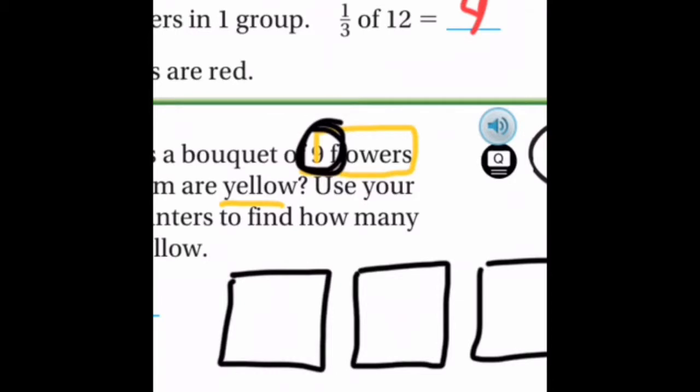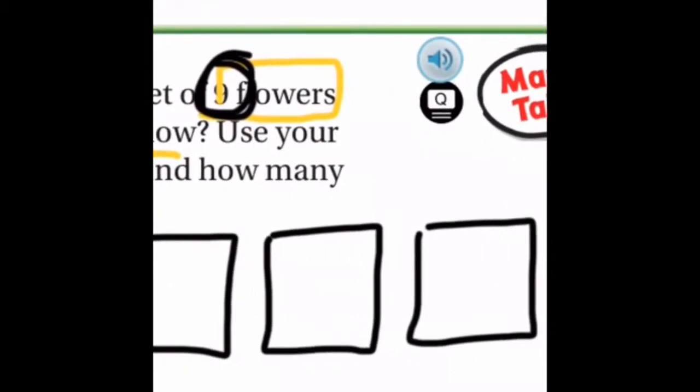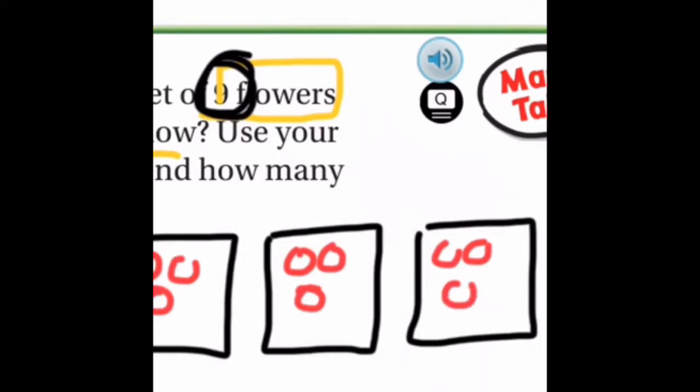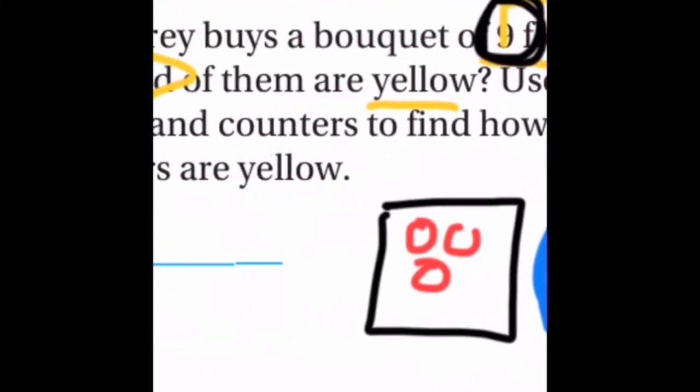So I'll just use 9 markers. 1, 2, 3, 4, 5, 6, 7, 8, 9. And then you circle one of them and count the number of markers in there. And there we have 3 markers.